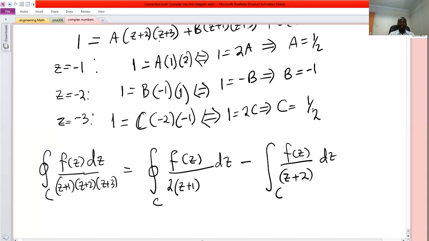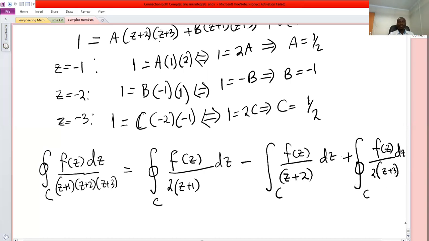And then c was a half, so it's the same as saying plus integral along C of f of z dz over 2 into (z plus 3).